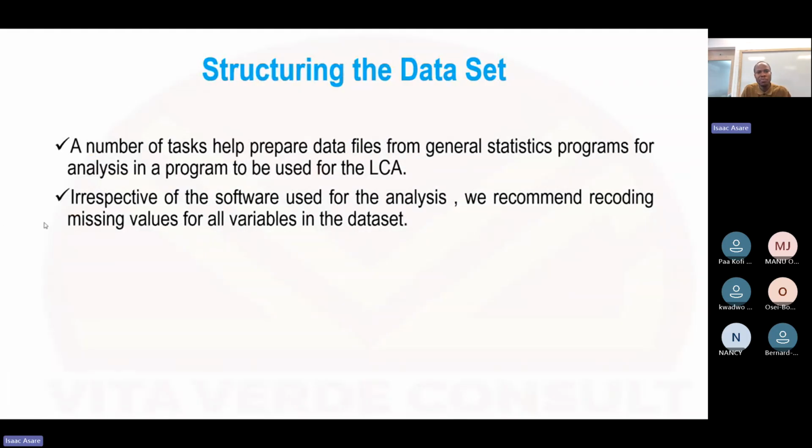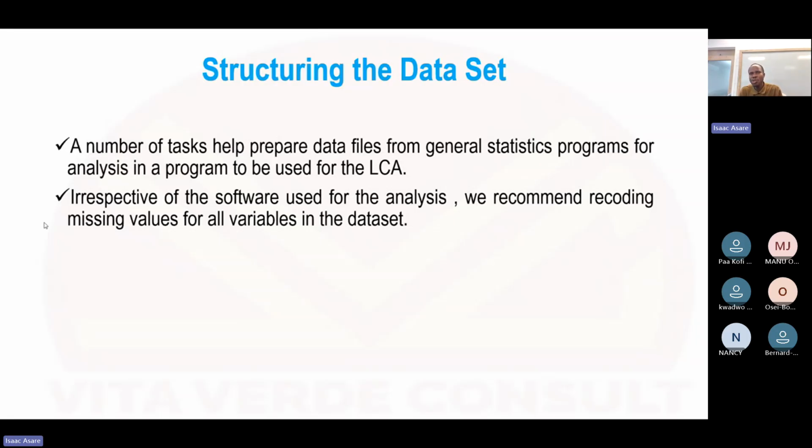So these are some of the things that you need to do. Irrespective of the software that you are going to use for the analysis, it is recommended that you record missing values for all variables in the data set. You cannot just be modeling with missing data, it is not proper. There are many techniques that have been developed for dealing with missing observations.